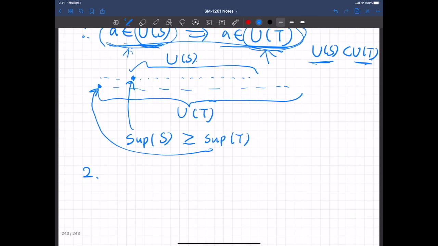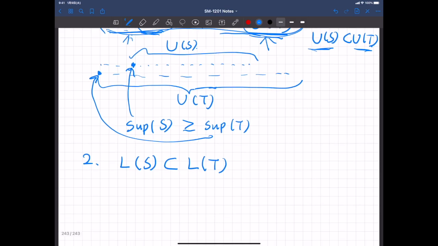And similarly, we can prove that the set of lower bounds of S is a subset of the set of all lower bounds of T by a similar argument. So from this, we can tell that the infimum of S is less than or equal to the infimum of T. And done.